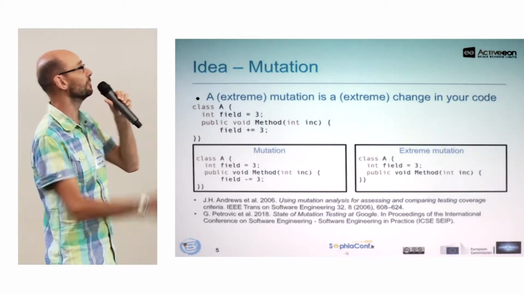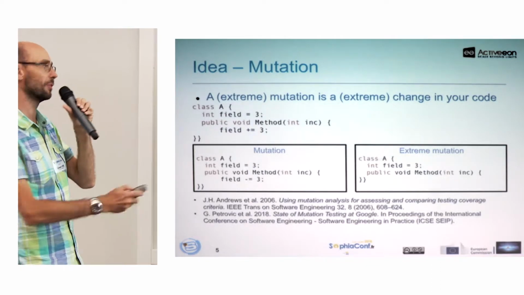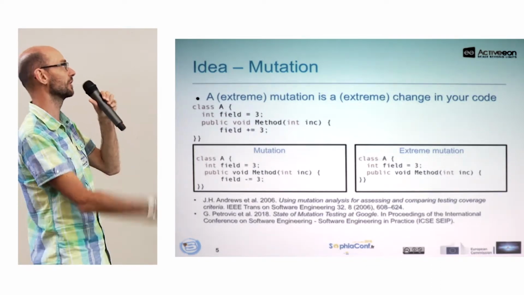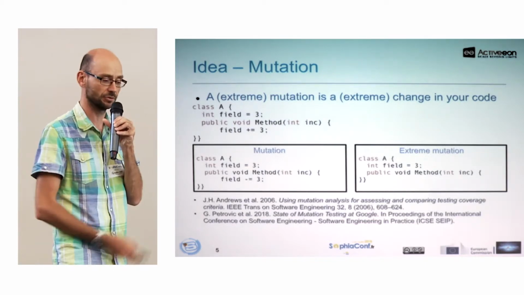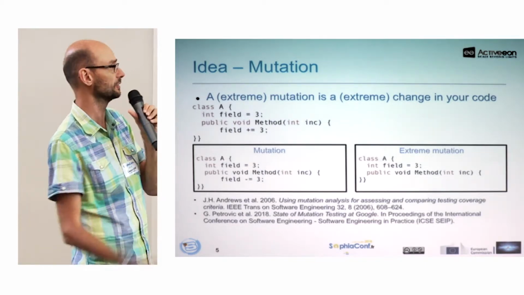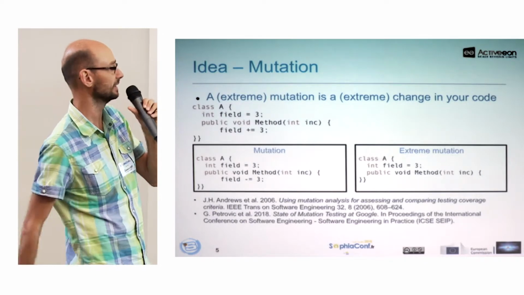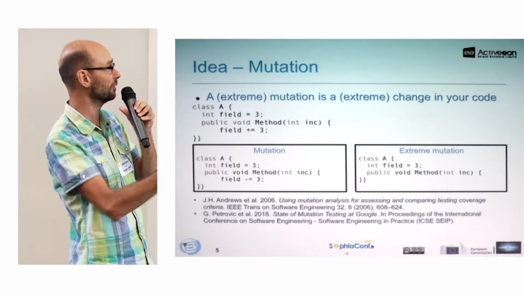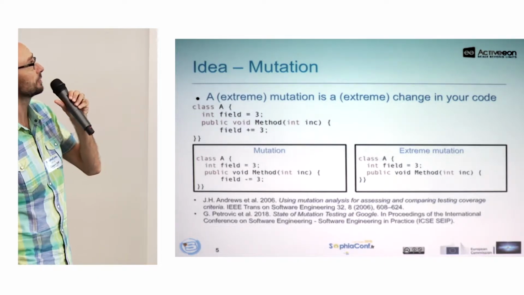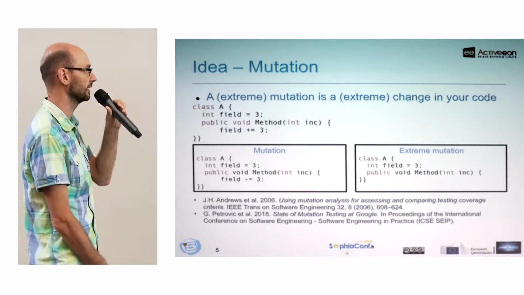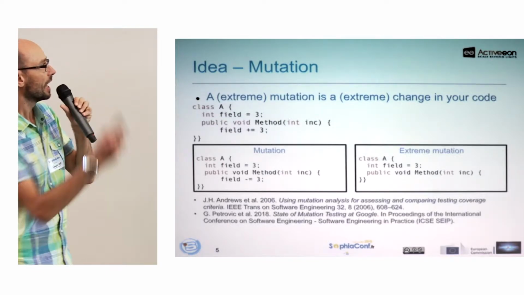For instance, you can replace plus equal 3 by minus equal 3. You can even remove the whole body of the method, because it's a void method, and so on. Or you can replace 3 by ink, if you have already found the bug here.